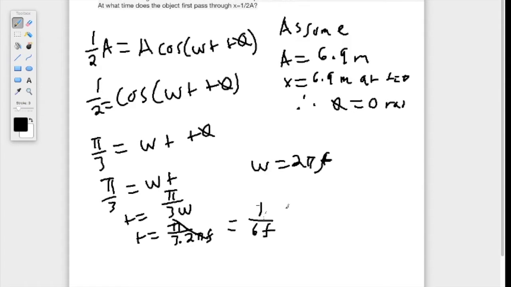Or you get T over 6, because T is equal to 1 over frequency. So when you do that, you should get a time of about 0.43 seconds.